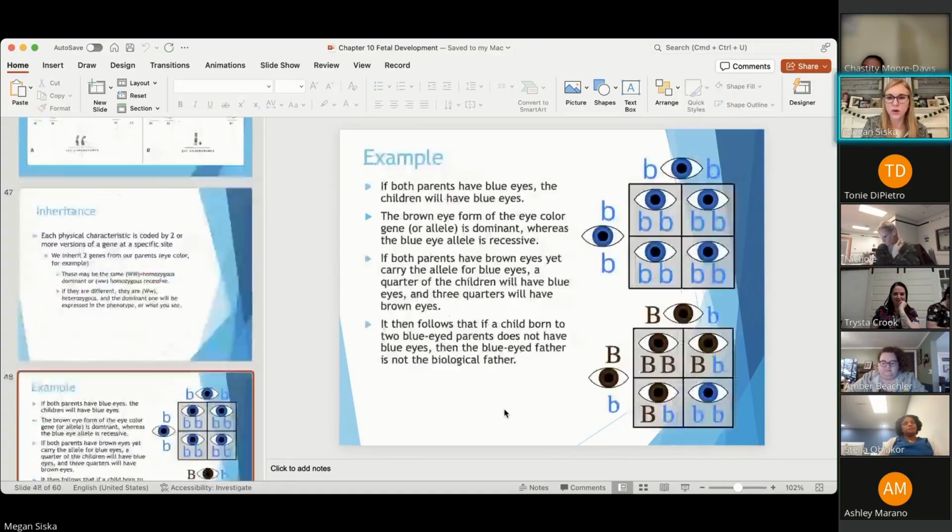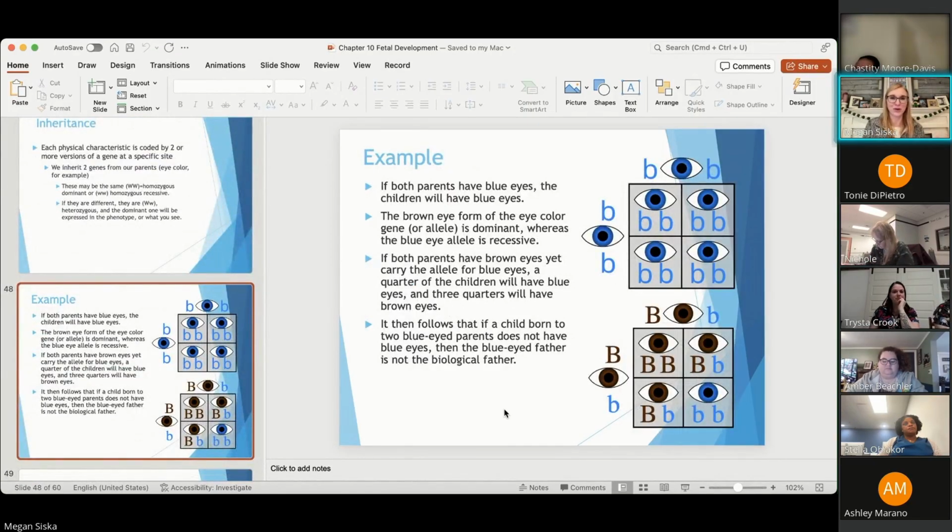If you remember, I think I remember this from biology in middle school, doing these little Punnett squares. This top one here is showing you if your mom and your dad both have blue eyes. Blue eyes is a recessive trait, so it's a lowercase b here. 2 lowercase b's is what gave them that recessive gene for blue eyes.